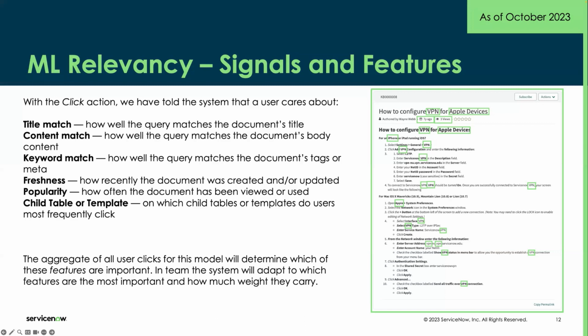They include things like boosting. So you can say specific KB categories are important, and we want to make sure that they bubble up to the top. We also have the ability to promote a specific knowledge base article, whether that's for a specific query, set of queries, or set of users. So there is a lot of flexibility there. We've also had a couple of customers toy around with the idea of creating a highlighted article.